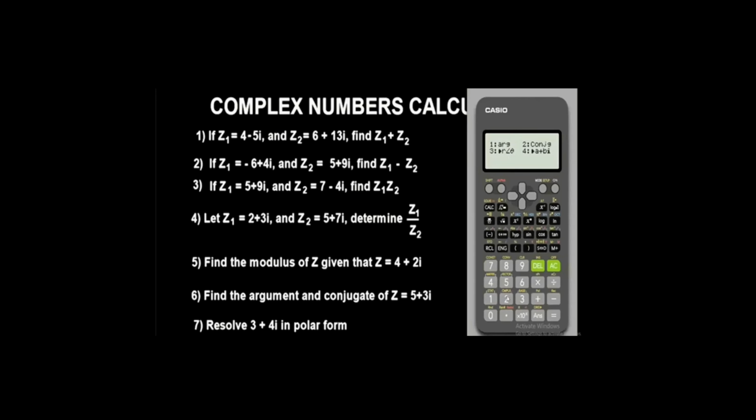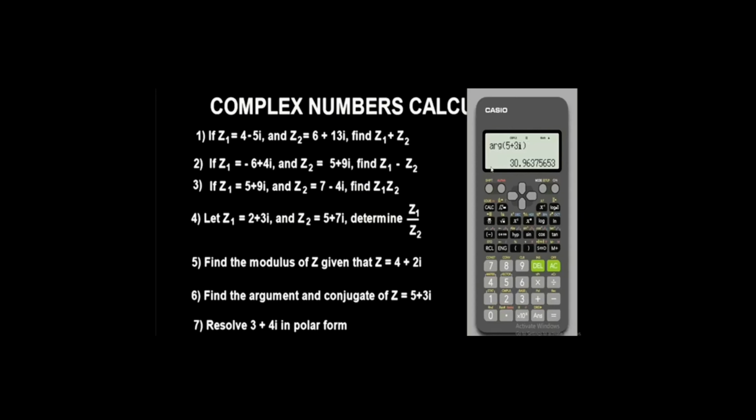So argument is option 1. Okay, so argument of what? 5 plus 3i. Close the bracket, press equal to. So we have it to be what? 30.96. Now this is the answer or output in degree.